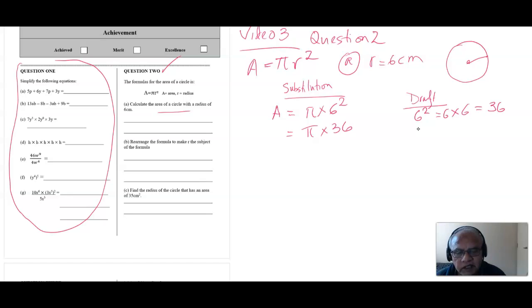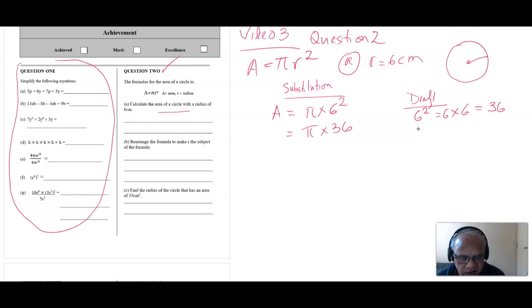Now to calculate the area, you need to multiply 36 by pi. And if you have a calculator, you'll simply go for the value of pi, which is pretty close to 3.142.